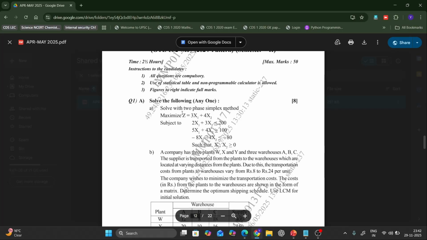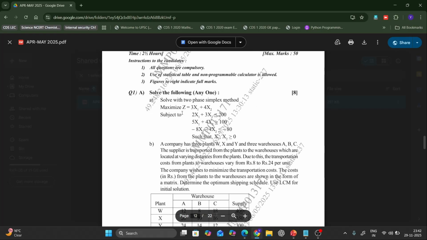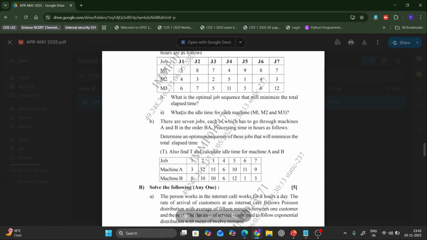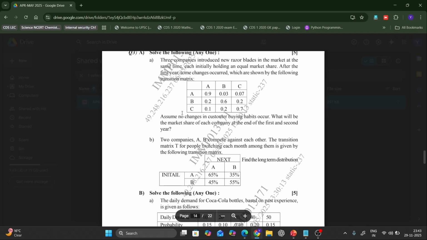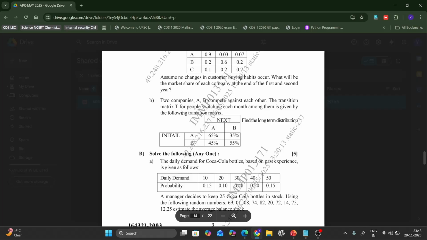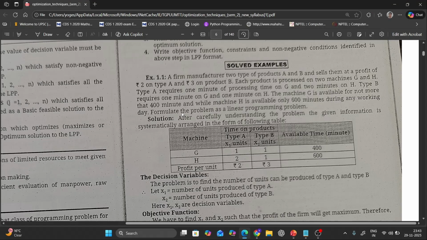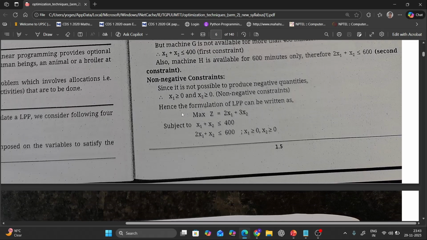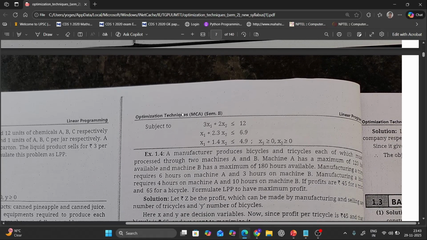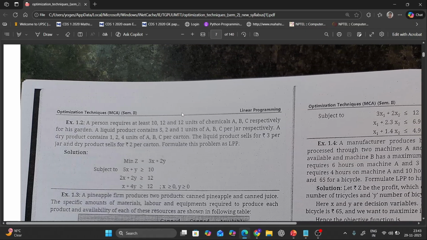Maybe it was in the 2020 pattern, I think. But you would also get some questions where you have to make your own LPP problem, and using that problem you have to solve it.